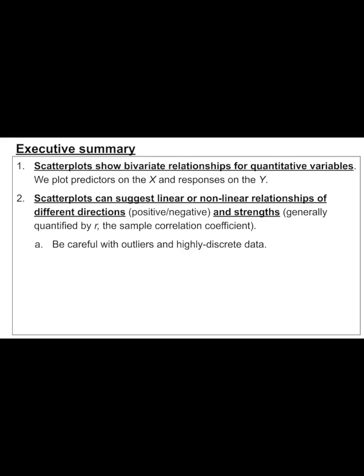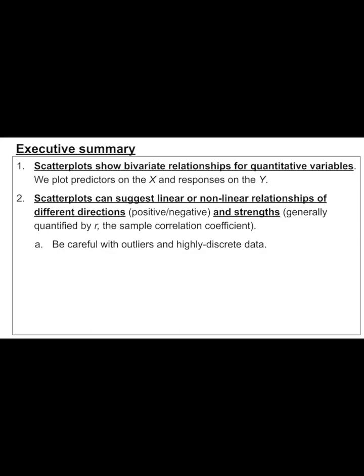We do need to be careful with outliers and highly discrete data. In other words, we need to be careful when we've got values on either variable that are, say, larger than 1.5 times the IQR plus Q3, or the same but for Q1 and with subtraction in there.